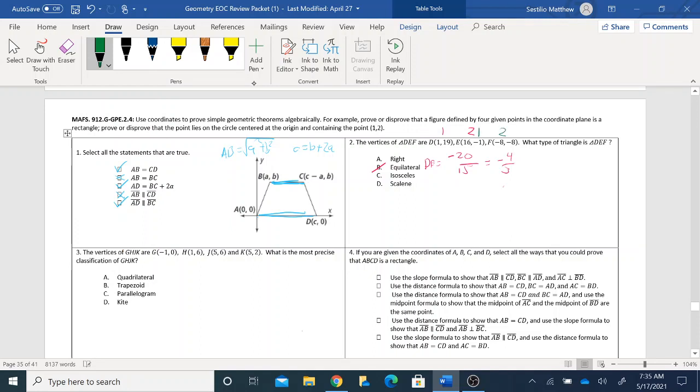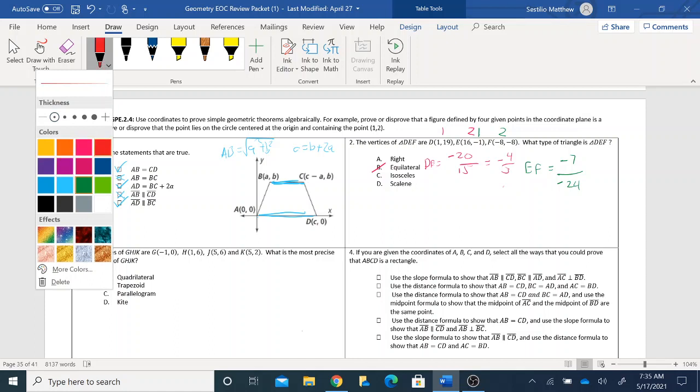Make this point 1, make this point 2. -8 minus a -1, minus a negative would be plus. So that'd be -7 over -8 minus 16, which would be -24. Let me just double check that I did that right. Yeah, that's good. We can't simplify that one.